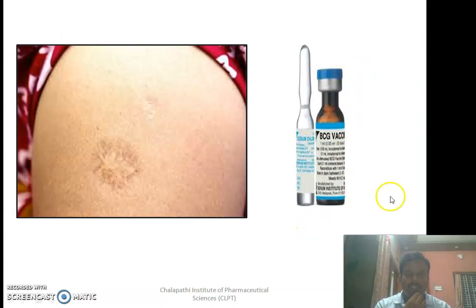I think 90% or 95% of individuals who are Indian residents will receive this BCG vaccination in their left arm deltoid muscle. We can observe this mark, this lesion, in each and every individual who was vaccinated with BCG.